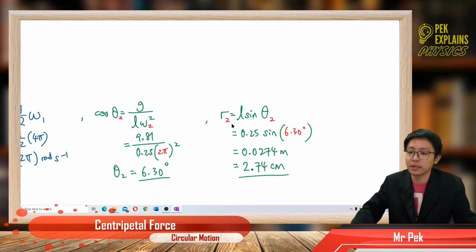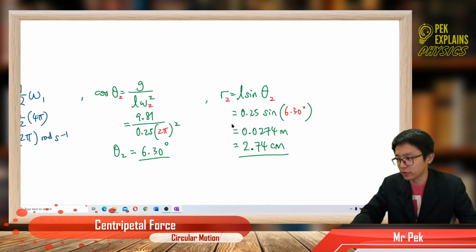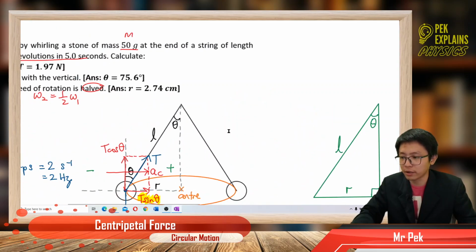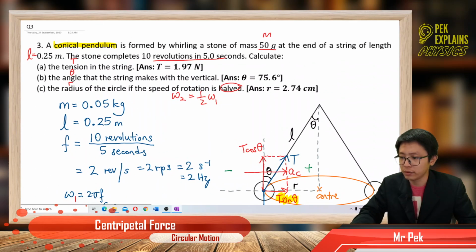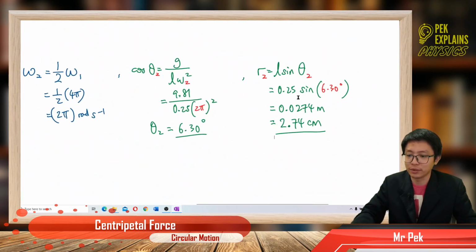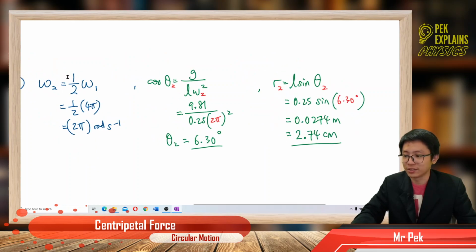So our new radius is 2.74 centimeter. Is that correct? That's correct. So you see, we need to use several equations before we can find the new radius.